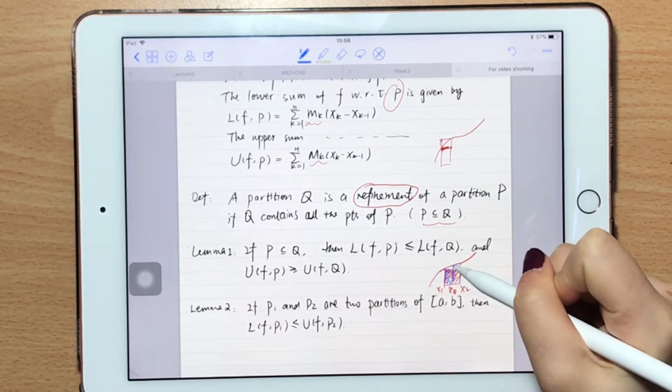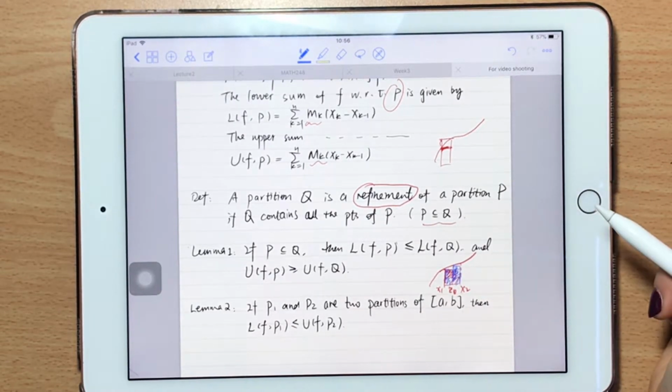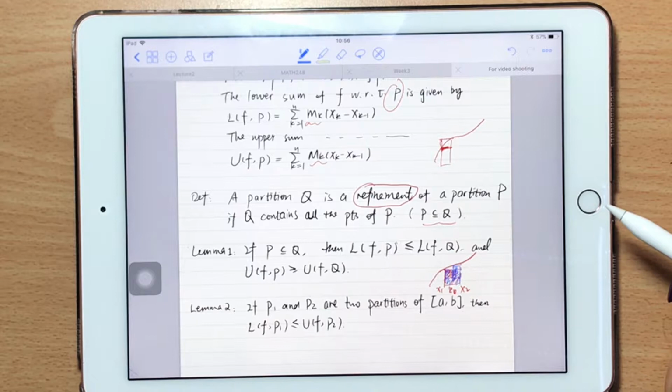It's quite easy to see that the area of those two small rectangles will be larger than the previous one, the area when you take only the partition of P, right? So it's easy to say that the lower sum of f with respect to P will be smaller.